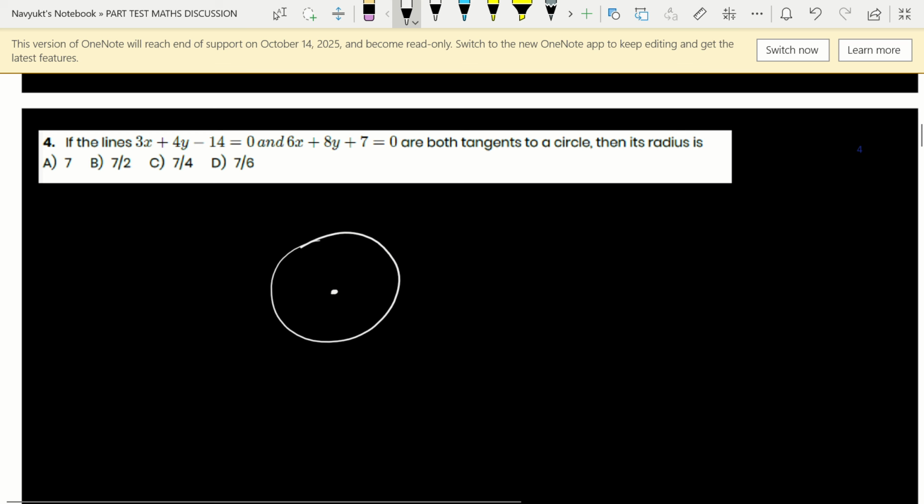Now observe one thing. If you have two tangents, they would be either in this form or this form. But we need to observe something in the question. The equations of the lines are given as 3x plus 4y minus 14 and 6x plus 8y plus 7.